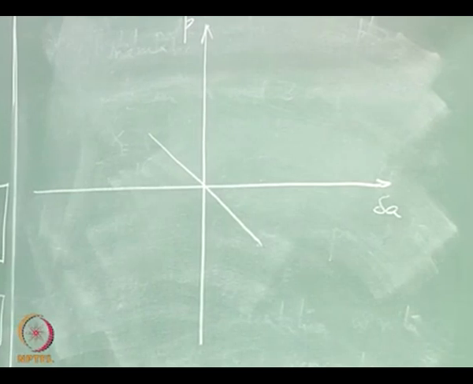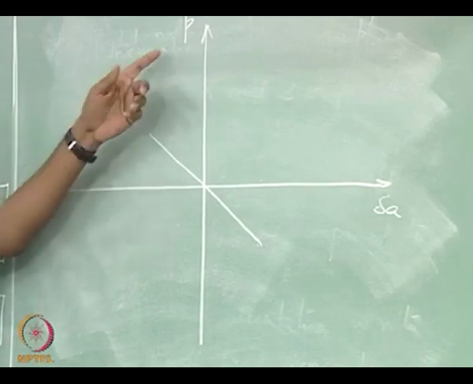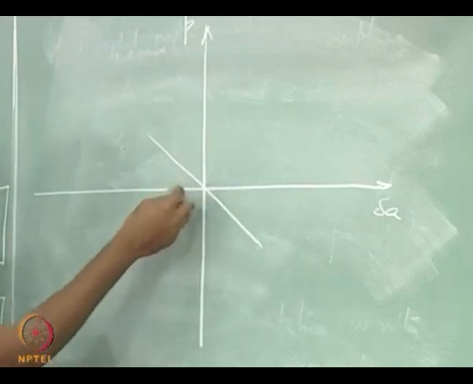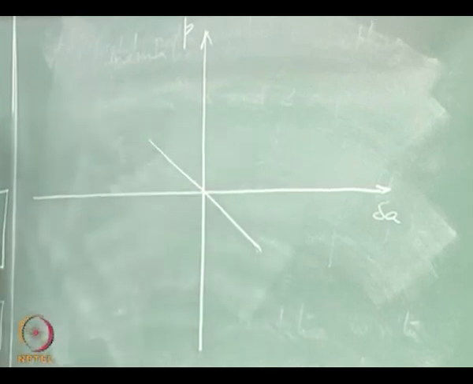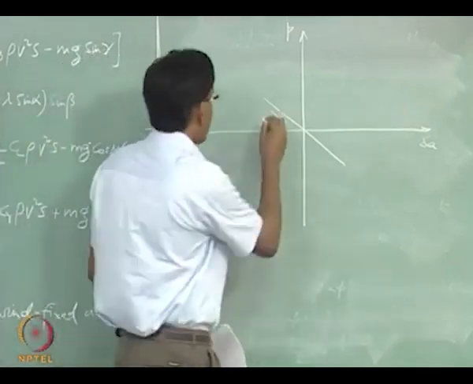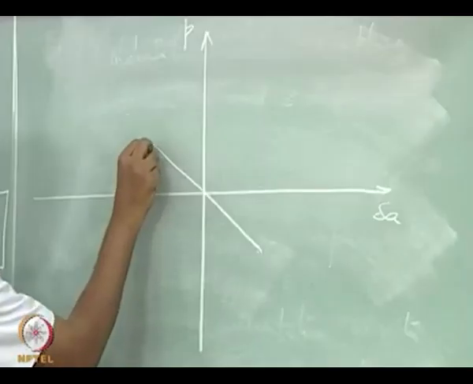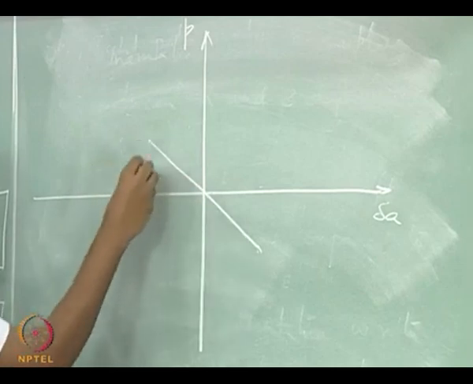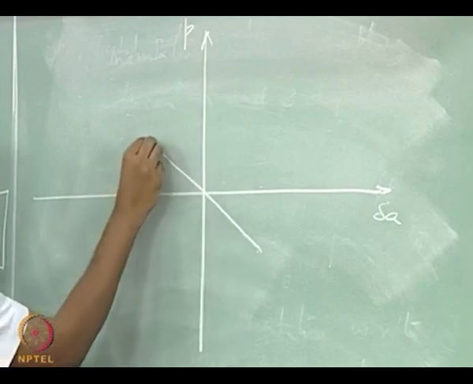Not that you will keep getting this linear increase in roll rate when you are applying aileron for all values of aileron. So there is a positive roll, rolling to the right, when you are deflecting your aileron in the negative direction, and up to this point your roll rate is increasing linearly with delta A, which is aileron deflection.